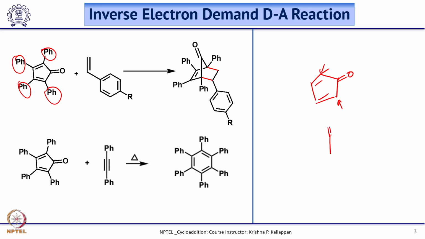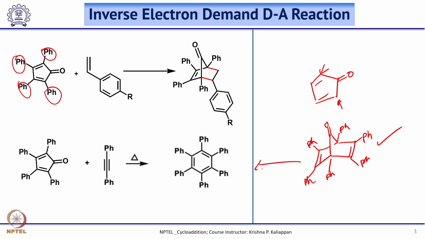As in the case of the first step, the Diels-Alder reaction takes place between tetraphenyl cyclopentadienone and diphenyl acetylene to give this compound.